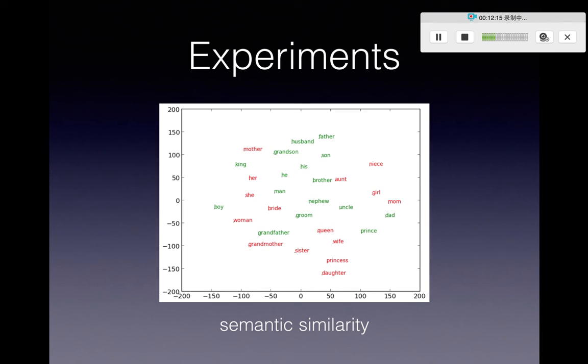These pictures illustrate some semantic structures of word embeddings. In these pictures, words with similar semantic meanings group together in vector space, which means our models can capture semantic information.